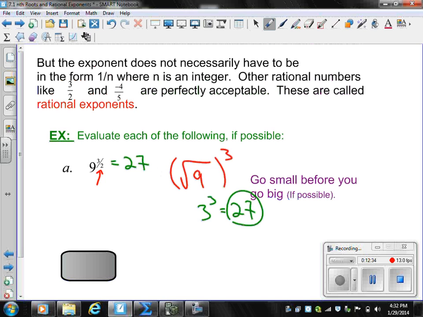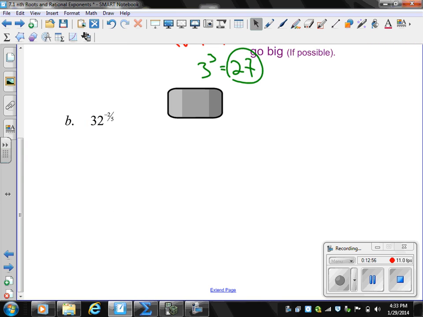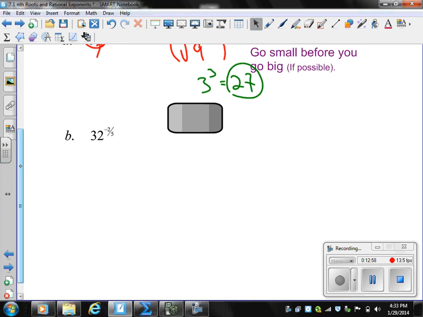Okay, let's do one more of these. Let's do 32 to the -2/5. So the first thing I'm going to do is rewrite this so that it's the 5th root of 32, and then I'm going to raise that to the -2. So don't freak out that we have a negative exponent here.